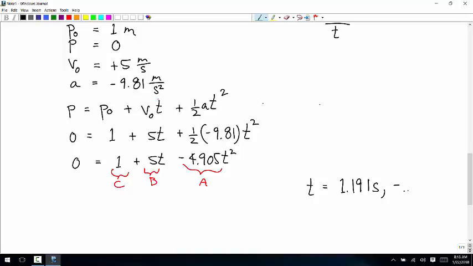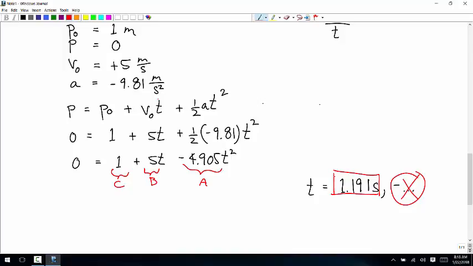Okay, negative blah, blah, blah. Yeah, if you ever get a negative time, that's the easiest case because we're never setting up problems where the negative time is meaningful. So you can reject that one and keep that one.